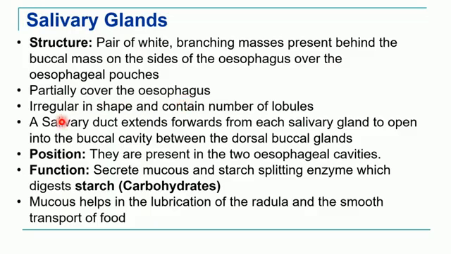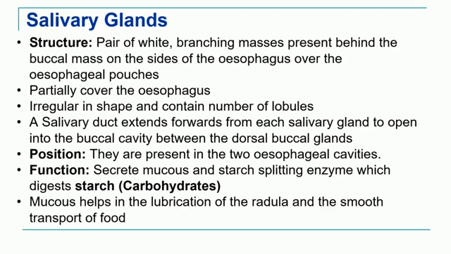Now if you see the shape, they are irregular in shape and contain a number of lobules, or many compartments. Then a salivary duct extends from each of these salivary glands to open into the buccal cavity between the dorsal buccal glands.